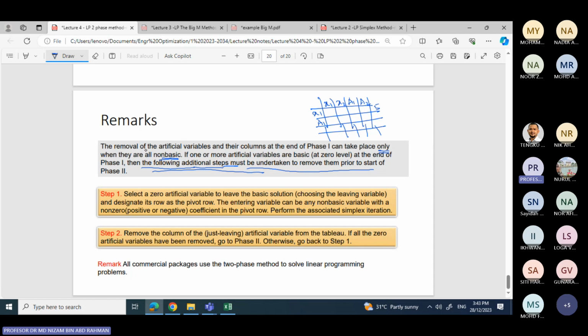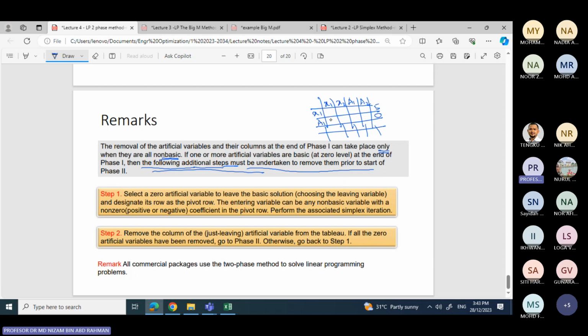So the removal of artificial variables and their column at the end of phase 1 can only take place when they are all non-basic. Right? If one or more artificial variables are basic at 0 level, meaning that A1 is one of the solution, but its value is 0. Right?